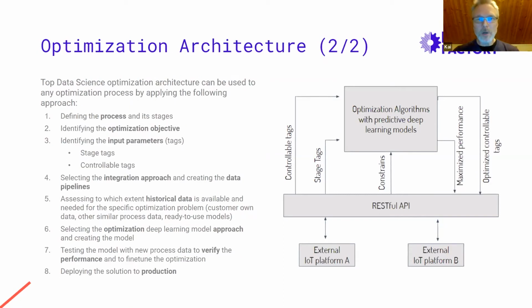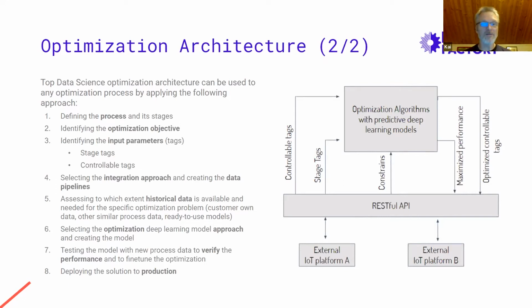A little bit continuing the same, but still generalizing a bit. That same thing describes how this could be applied to different processes and industry segments: you need to start by defining the process and its stages. You need to identify an optimization objective or objectives.